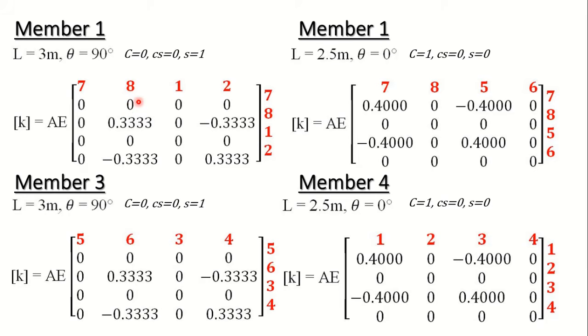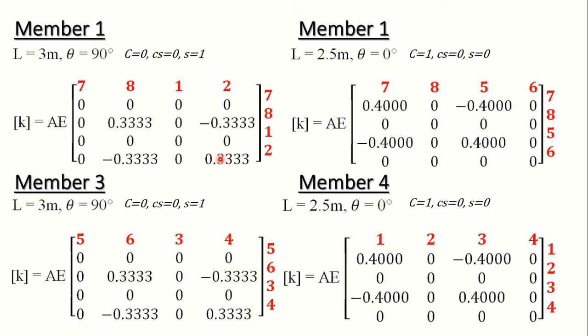So cos square theta, cos theta sin theta, cos theta sin theta, sin square theta, and in this, minus cos square theta, minus cos theta sin theta, minus cos theta sin theta, minus sin square theta. Then again minus cos square theta, minus cos theta sin theta, minus cos theta sin theta, minus sin square theta, and here cos square theta, cos theta sin theta, cos theta sin theta, and sin square theta.